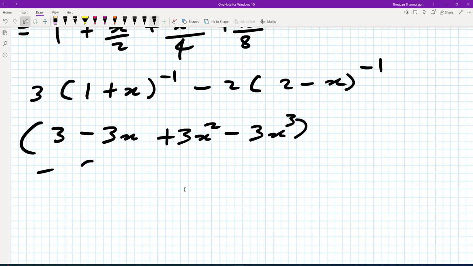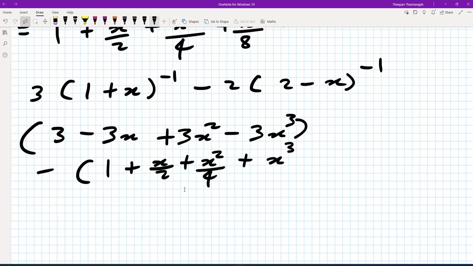Now be careful, it's minus all of what we have just now: 1 plus x over 2 plus x squared over 4 plus x cubed over 8.